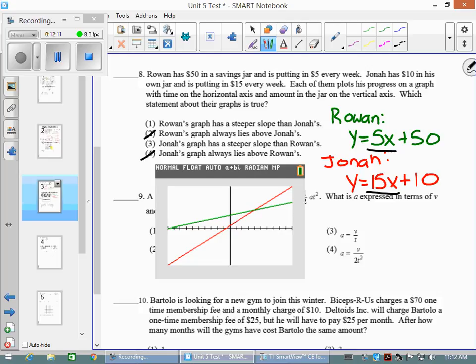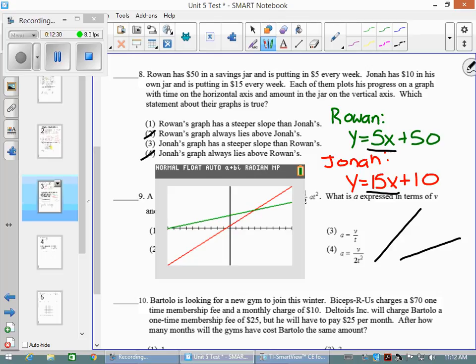Now, if we want to see which one has a steeper slope, we can look at the equation and look at the slopes. A steeper slope, if you think about it like climbing up a mountain, has a higher increase than a slope that is less steep. So a steeper slope in this case would be 15 because that number is higher.